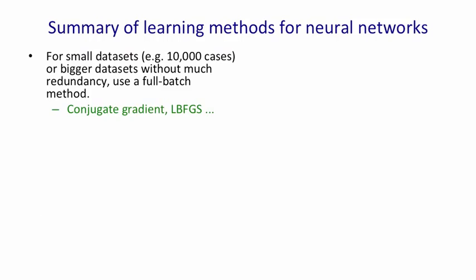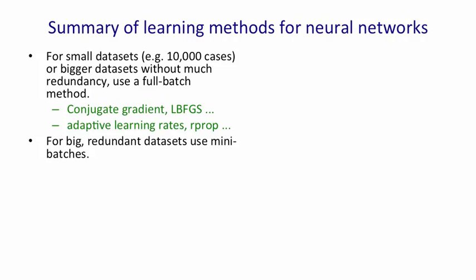One advantage of using those methods is they typically come with a package. And when you report the results in your paper, you just have to say, I used this package and here's what it did. You don't have to justify all sorts of little decisions. Alternatively, you could use the adaptive learning rates I described in another video, or Rprop, which are both essentially full batch methods, but they were developed for neural networks.